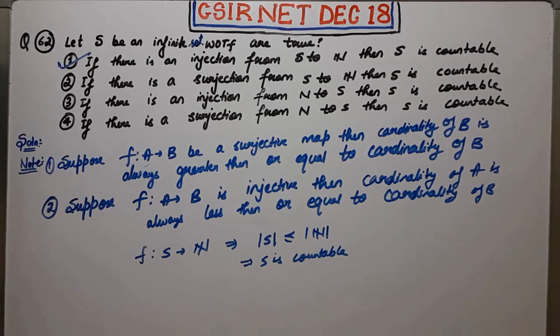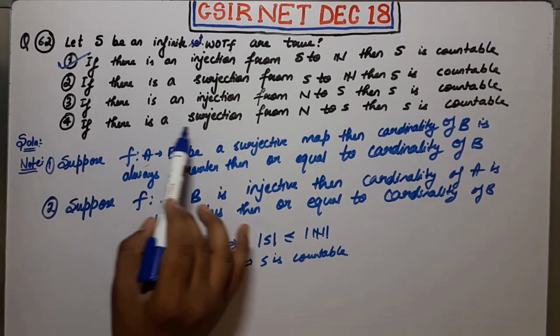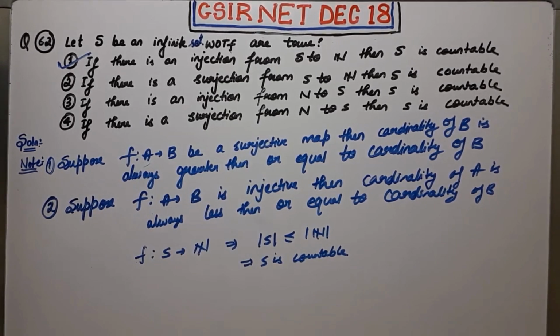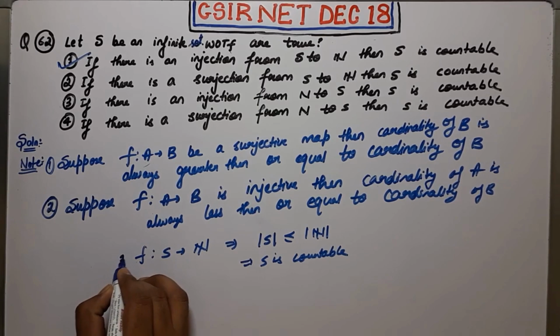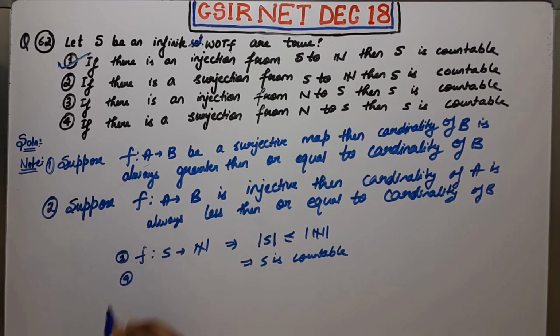Now come back to the fourth one. It says that if there is a surjection from N to S, then S is countable. I've checked the first option, and now I'm checking the fourth one.